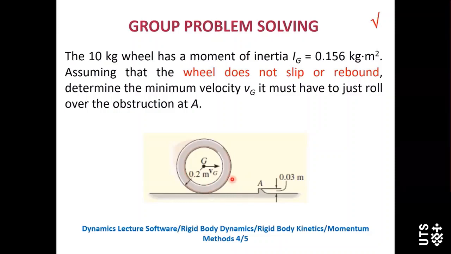No rebound when this wheel hits the obstruction at point A. The task here is to determine the minimum velocity v_G it must have to just roll over the obstruction.